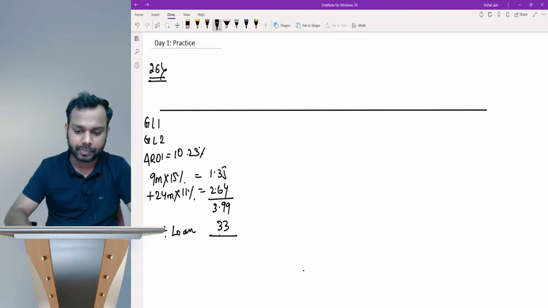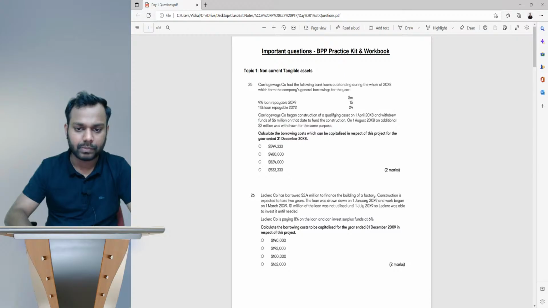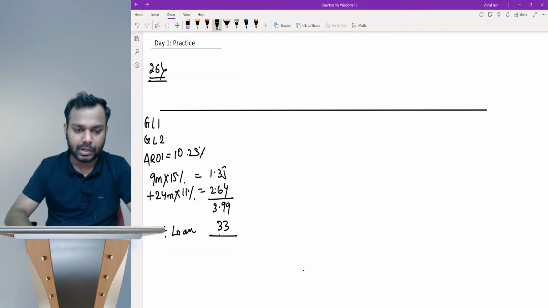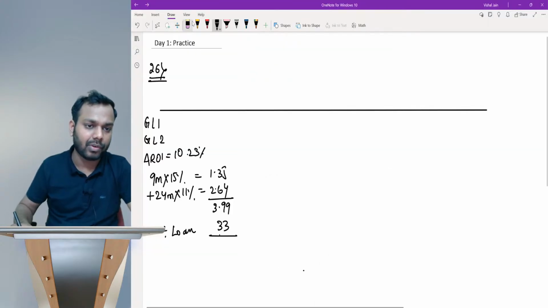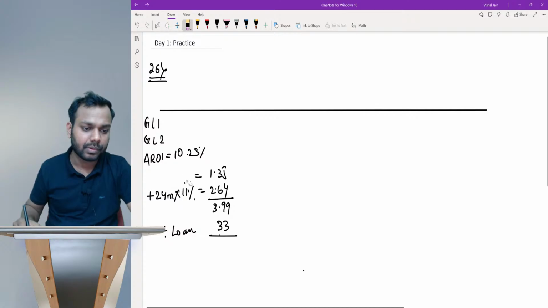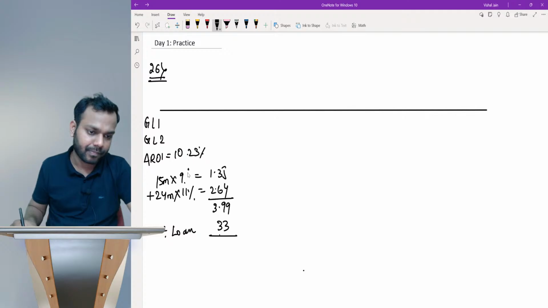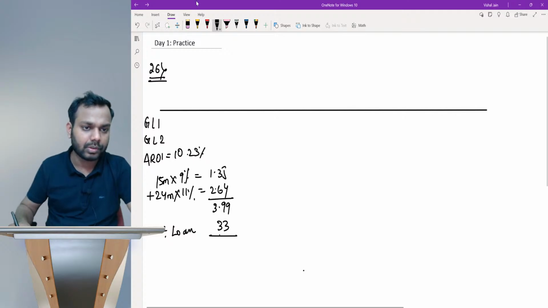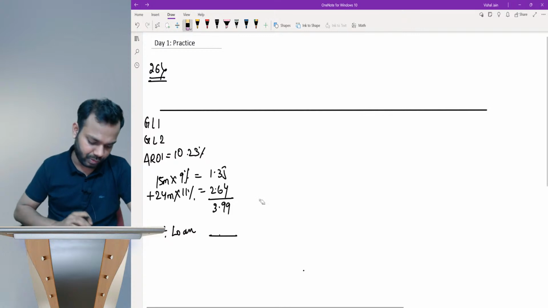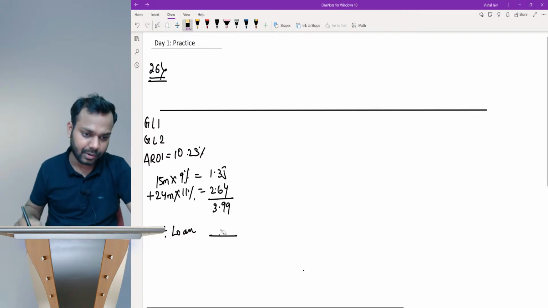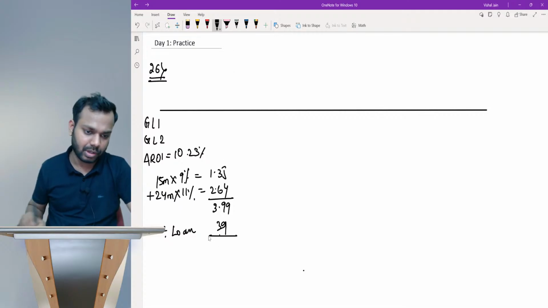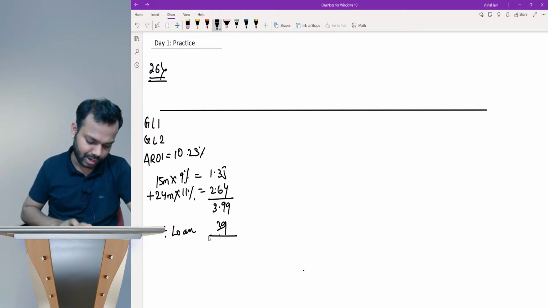Just a minute, I had taken it wrongly. It's 15 million at 9%, not 9 million at 15%. I had taken it in reverse. So the total amount is 39, and 3.99 divided by 39 is 10.23 percent.